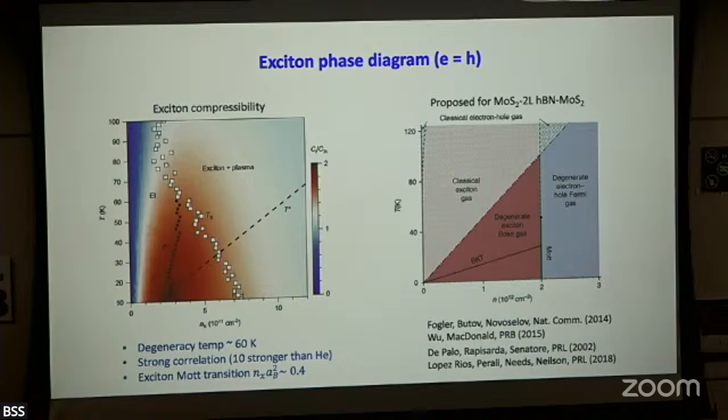I showed you earlier that the theoretical estimate is between 0.3 and 0.5, so in the ballpark, it's consistent. When the density becomes this level, we have an excitonic insulator to electron-hole plasma transition. But here it is some kind of crossover at a finite temperature.